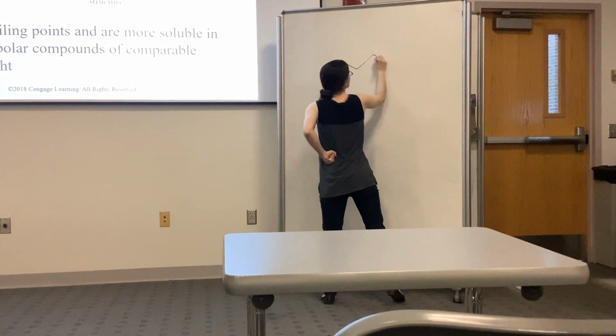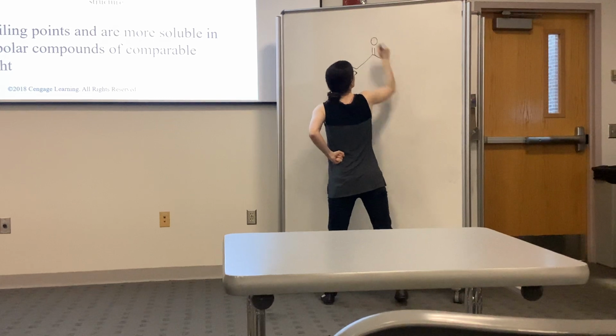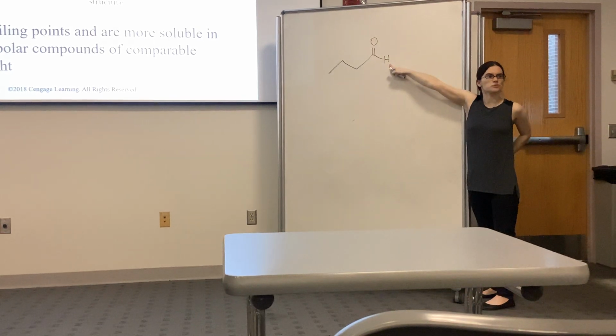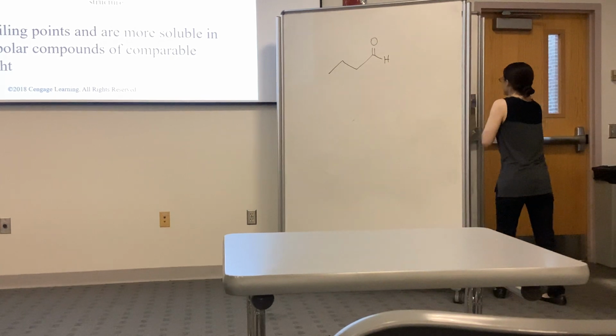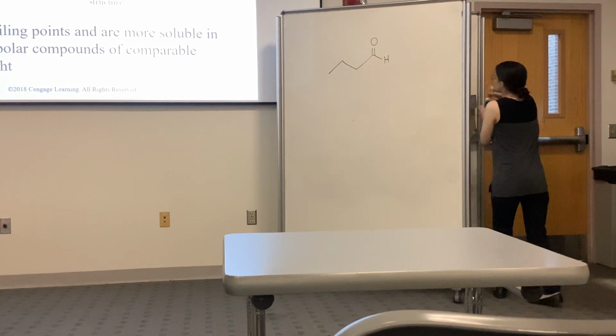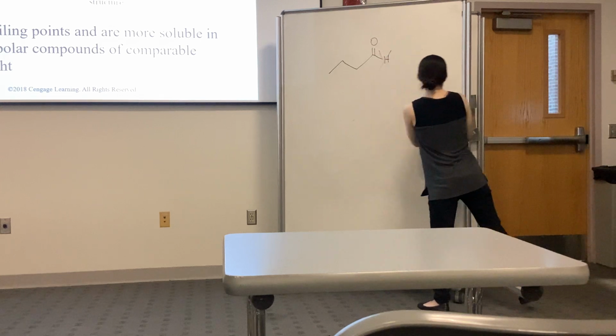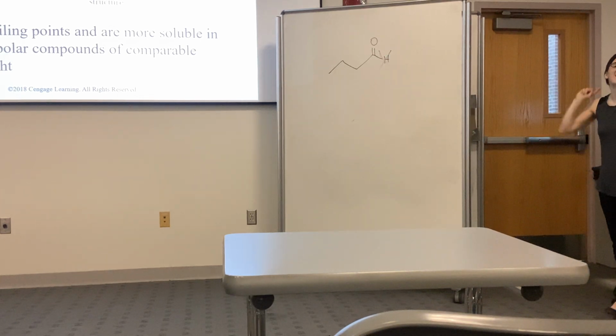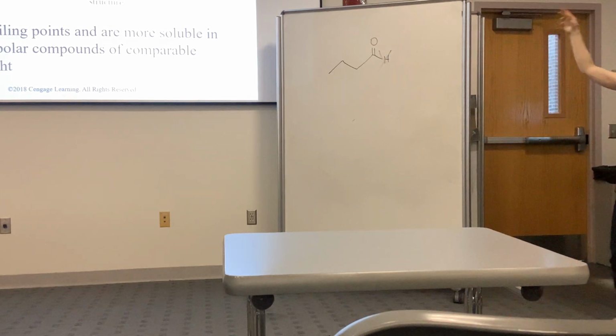This hydrogen is not eligible for hydrogen bonding, right? So no hydrogen bonding for that one. We are going to have elevated boiling points because these have dipole-dipole interactions in the pure liquid.